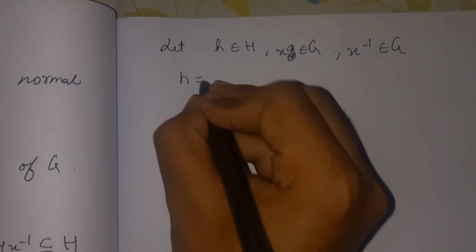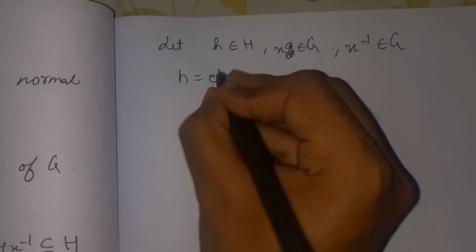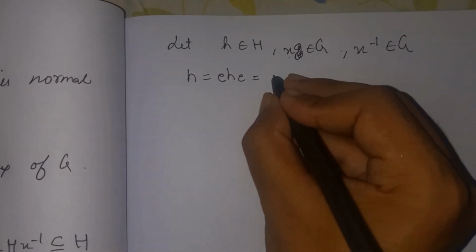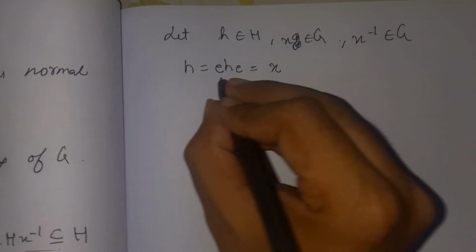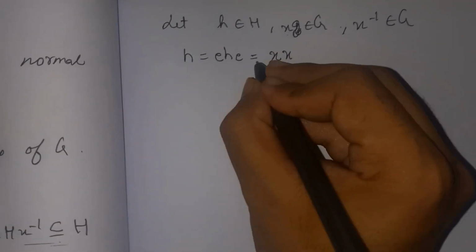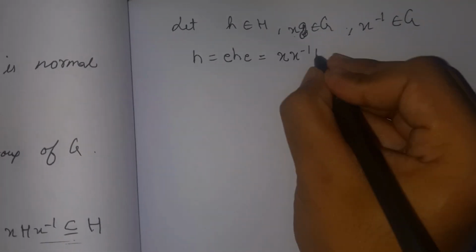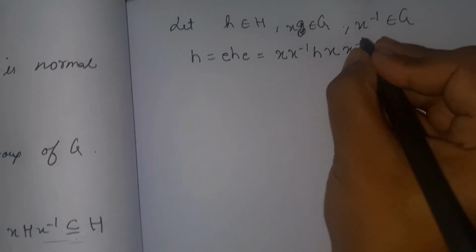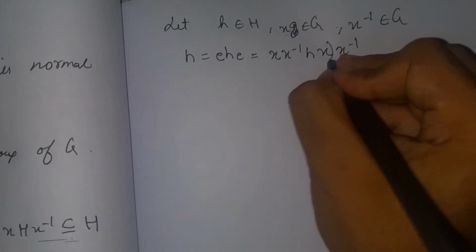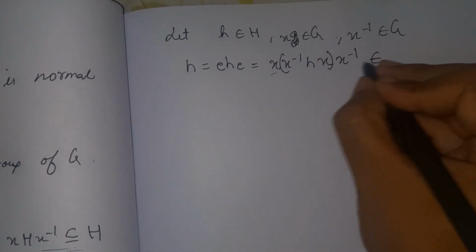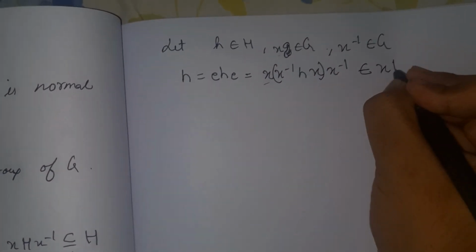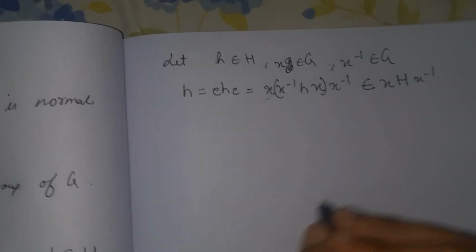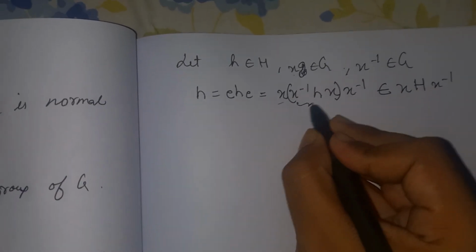Now we can write h as identity into h into identity, which we can write in the form x x inverse h x x inverse. Since it is of this form, it belongs to xHx inverse. Now we have to prove this part belongs to H.